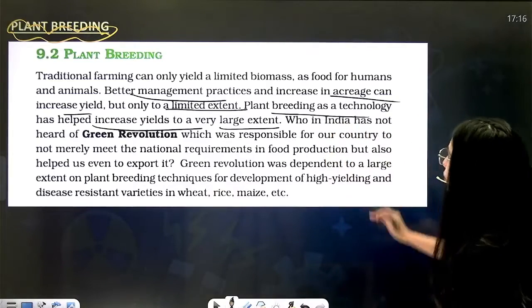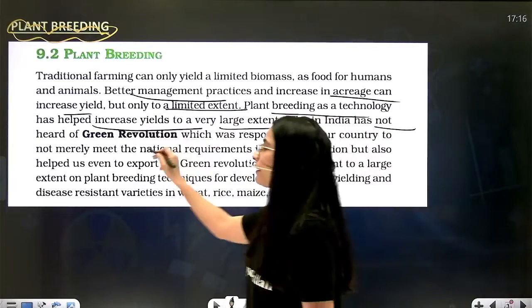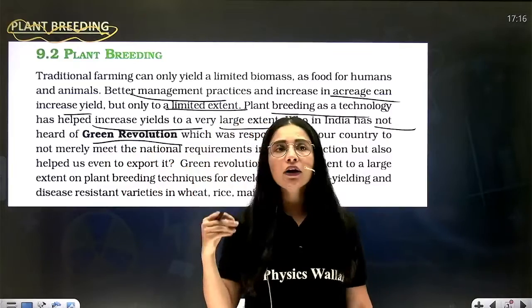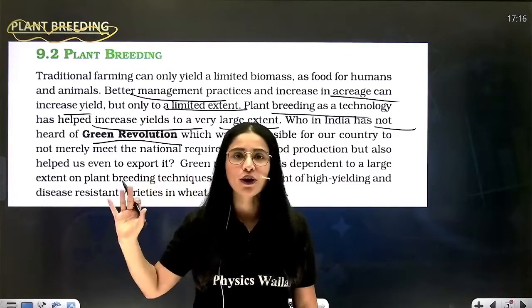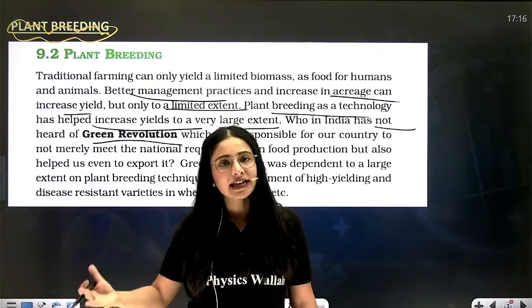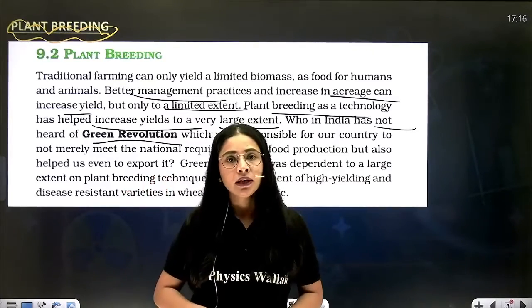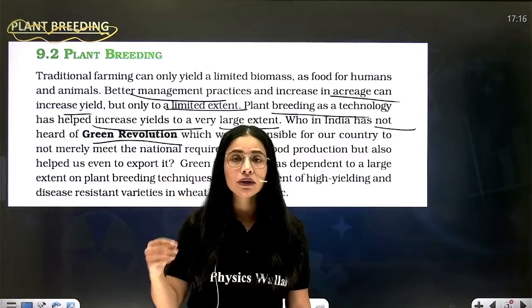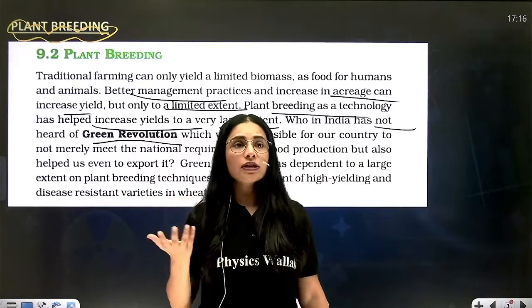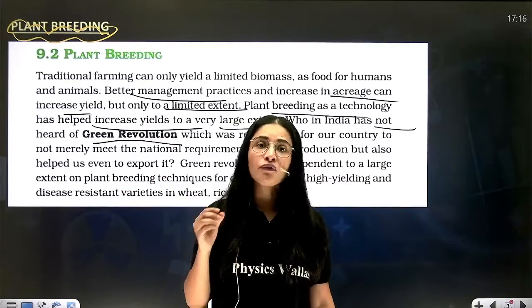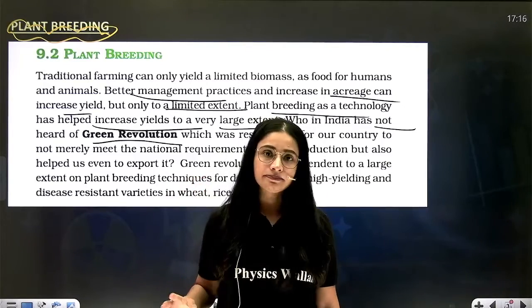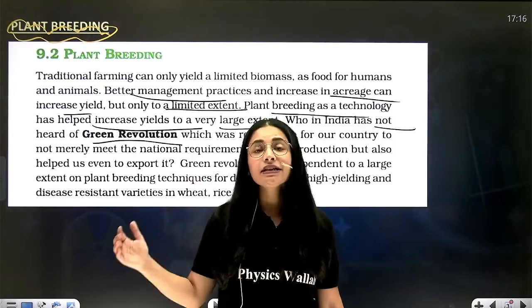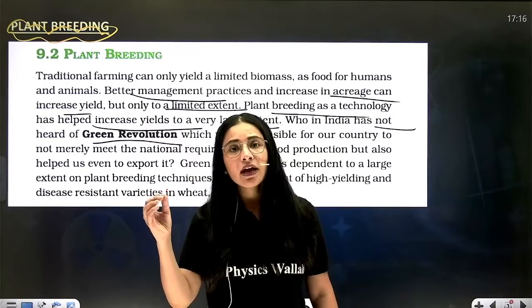Correct? Who in India has not heard of the Green Revolution? We all are familiar with this concept of Green Revolution. Yes or no? Are you familiar? Yes. What was the Green Revolution? The Green Revolution was introduced in India with the aim of increasing the production of wheat and rice so that the increasing population can be easily fed.